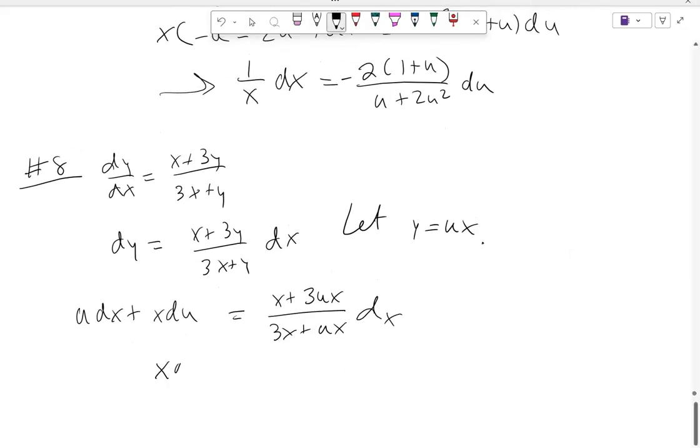I'll leave my x du on this side and put all the dx's on the other side. But anything nice happen in that fraction? The x's cancel, right? So we've got a 1 plus 3u over a 3 plus u. I subtract the u over.